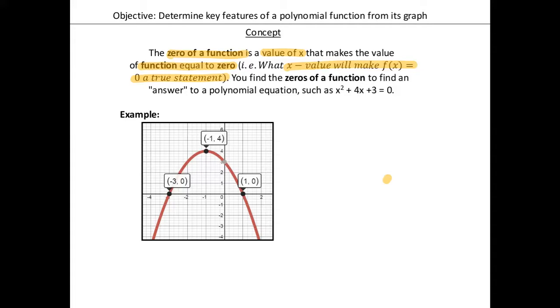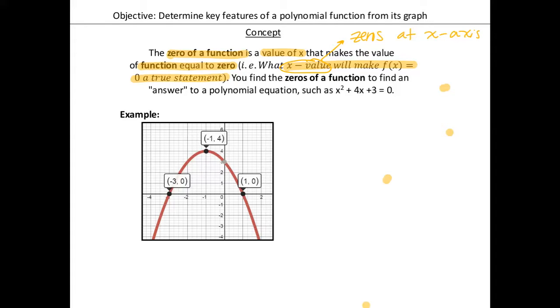And you find the zeros of a function to find an answer to a polynomial function such as x squared plus 4x plus 3. So basically, the zeros are the x values where you're crossing the x-axis, because your function is 0 at the x-axis.